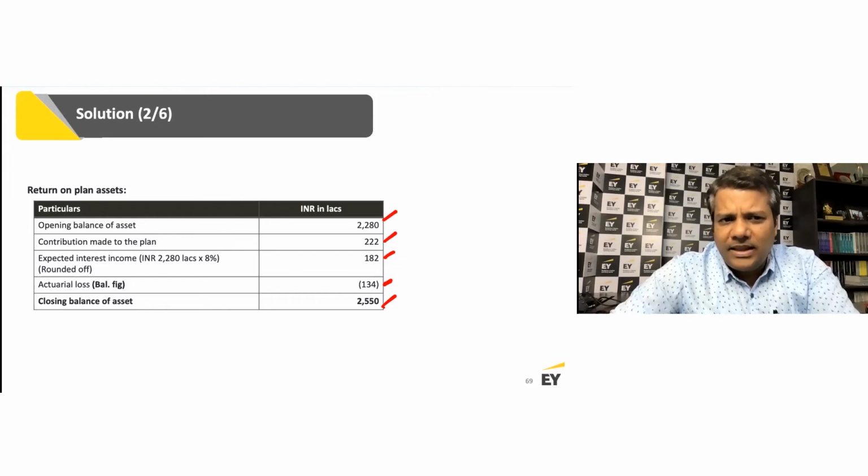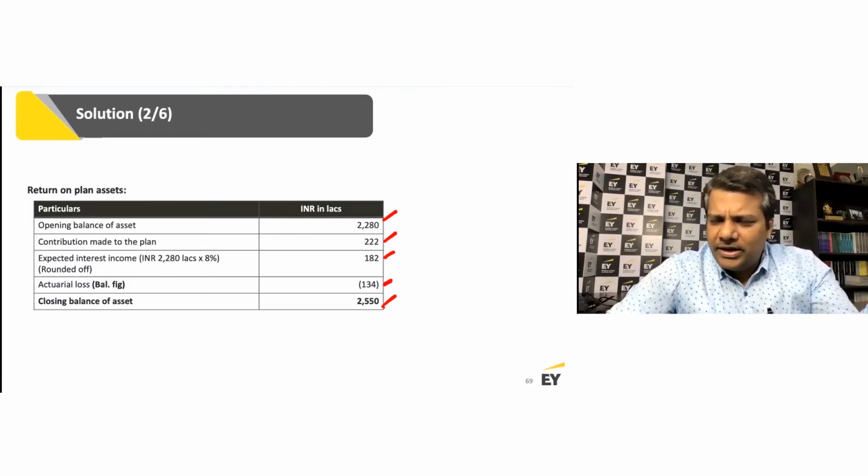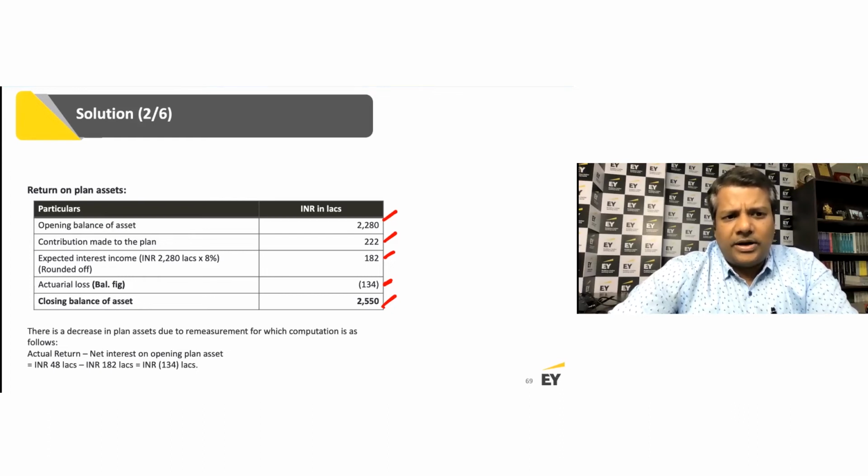Now I have computed the return on plan assets, and I have also computed my benefit liability. So both I know what is my actuarial gain or loss. So there is a decrease in plan asset due to remeasurement, for which the computation is as follows. Actual return minus net interest on opening plan asset, which is INR 48 lakhs minus INR 182 lakhs, which is 134 lakhs.